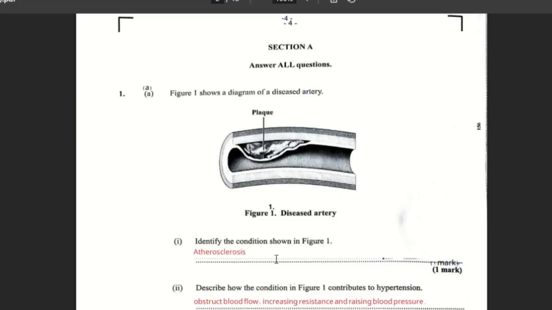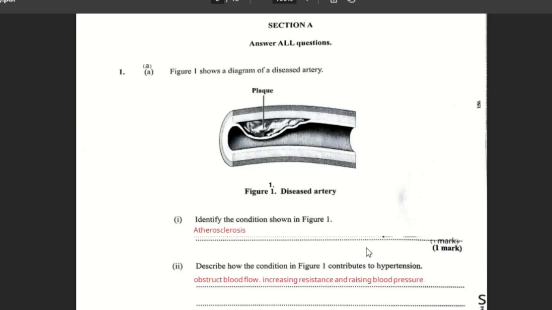We cannot pronounce it, but this is the condition right here, where we have plaque building up. Naturally the blood is supposed to pass through, because an artery is a blood vessel. Now when you have this plaque, it's blocking the blood flow and can lead to this disease. So this would be the answer for number 1.